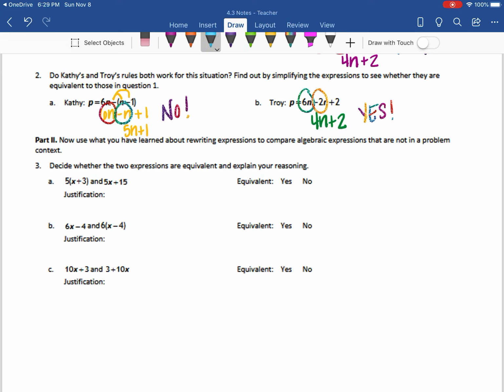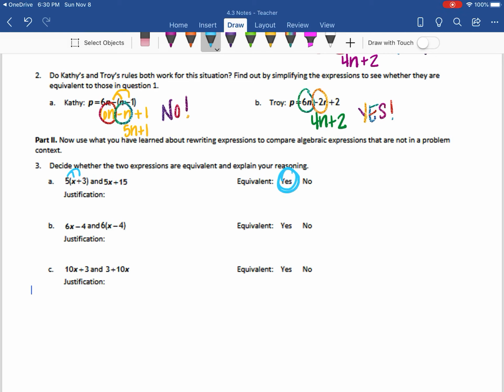Okay, so the first one that we're looking at, we are looking at 5x plus 3 and 5x plus 15. So remembering that we have to distribute that 5, and when we do distribute that 5, we get 5x plus 15.